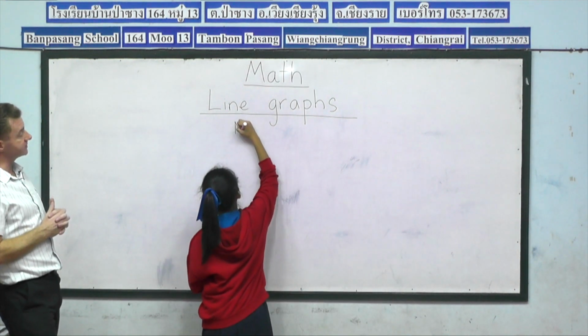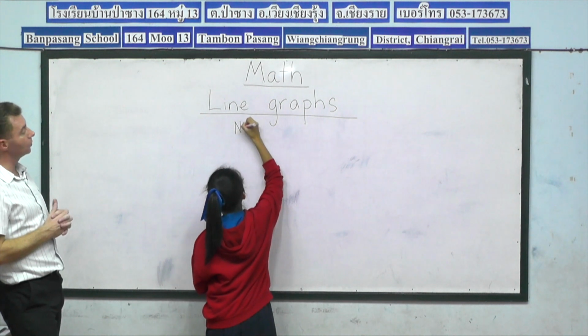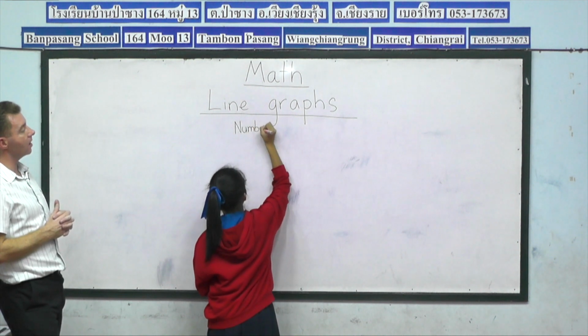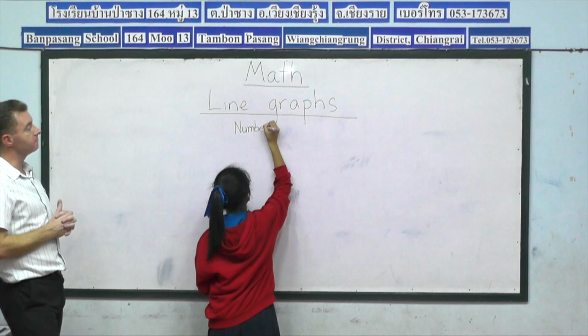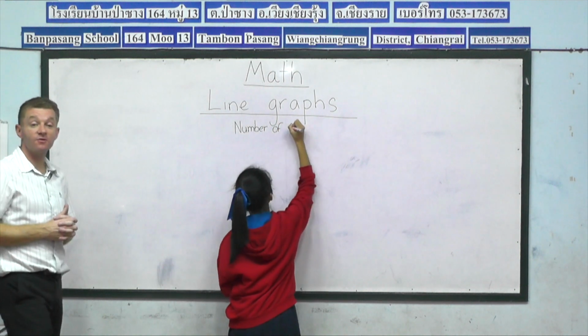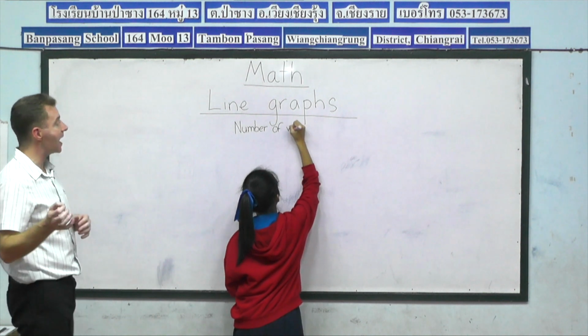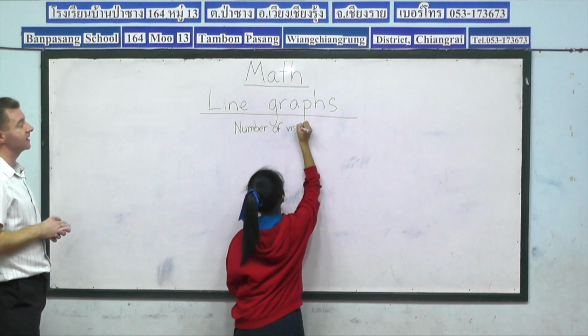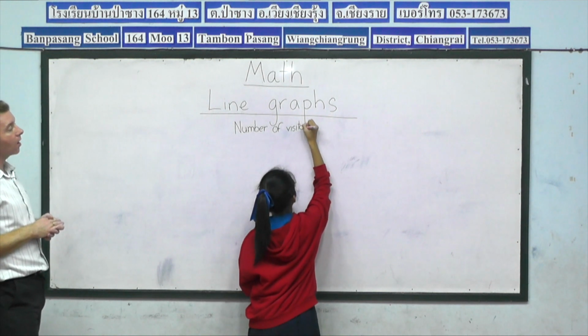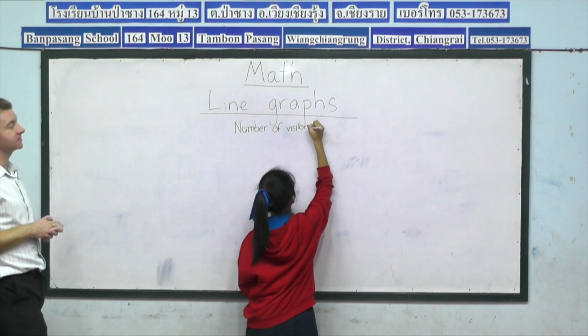And number is N-U-M-B-E-R. Excellent. Number of, and visitors, V-I-S-I-T-O-R-S.